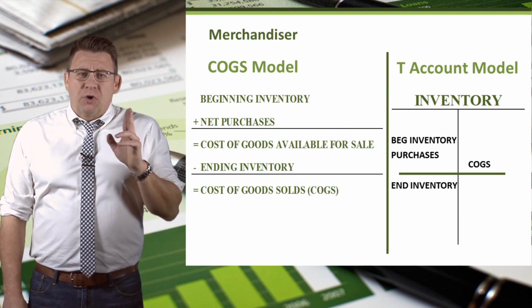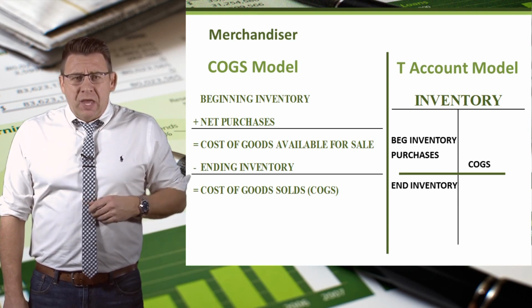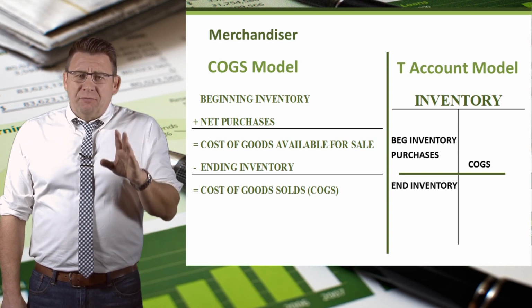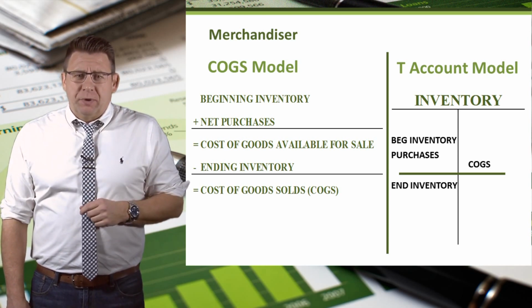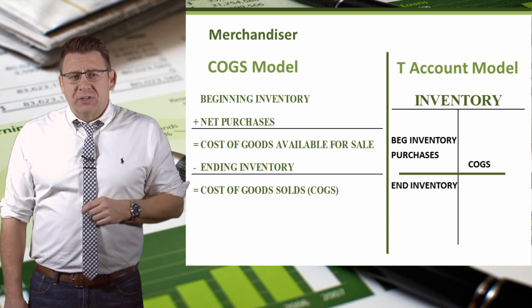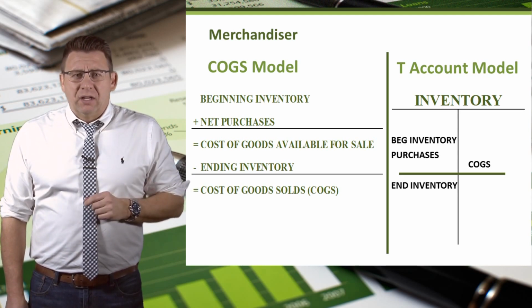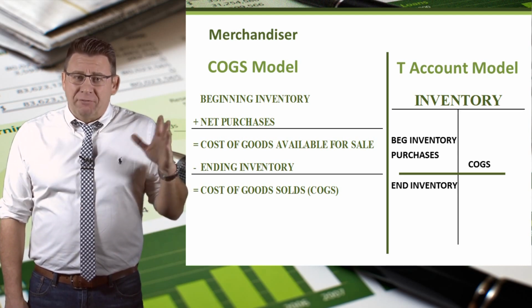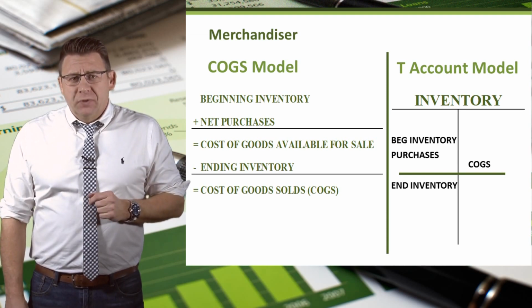This model is for merchandisers, which is what you learned in your financial accounting course. Basically, we start with beginning inventory. We add to it the net purchases for the period. These two together are called the costs of goods available for sale. It represents all the goods we can sell. We can't sell more than everything we had on hand plus everything we bought.